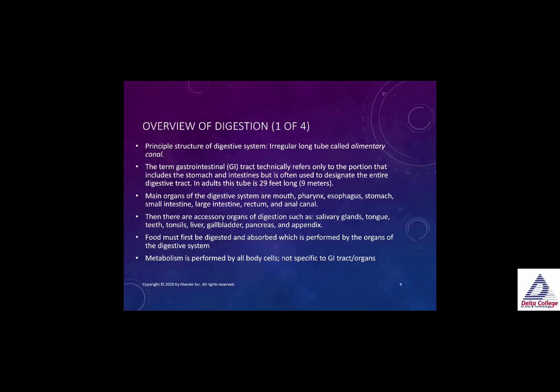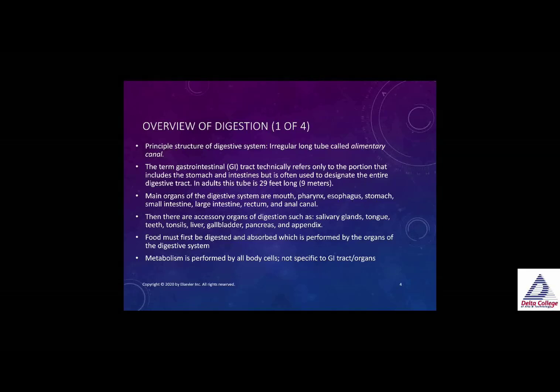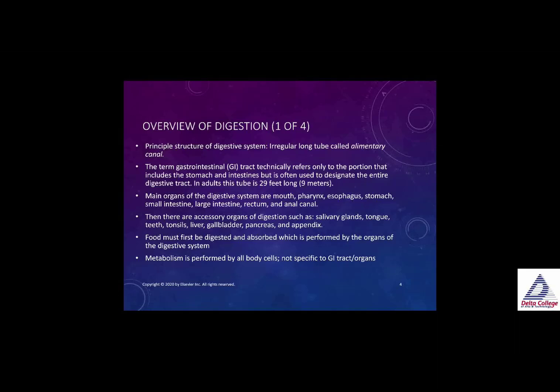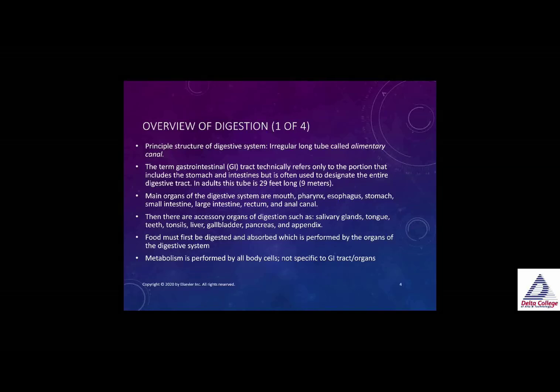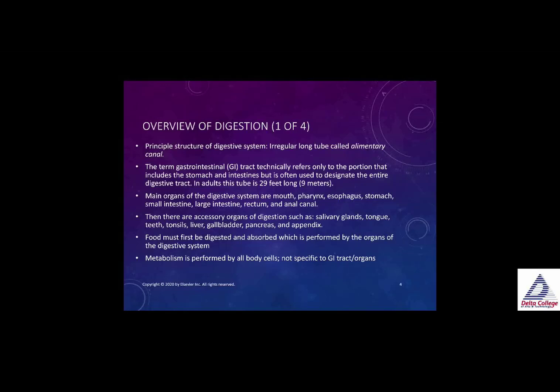The main organs of the digestive system are mouth, pharynx, esophagus, stomach, small intestine, large intestine, rectum, and anal canal. These are the main organs. The accessory organs of digestion are the salivary glands, tongue, teeth, tonsils, liver, gallbladder, pancreas, and appendix.